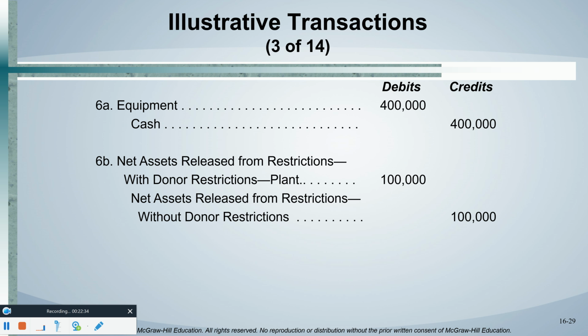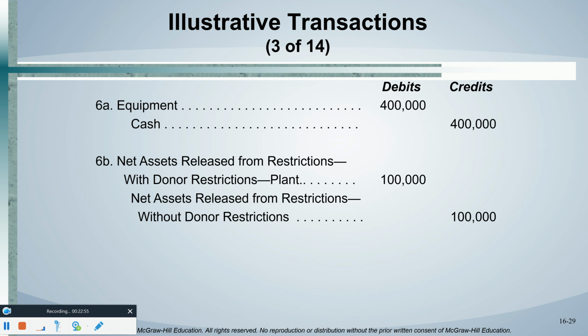Journal entry 6, we bought new equipment, $400,000. And we had $100,000 of previous donations that were set aside to help buy that equipment. Now that the equipment has been purchased, you can see journal entry 6B is releasing that $100,000 out of restriction.